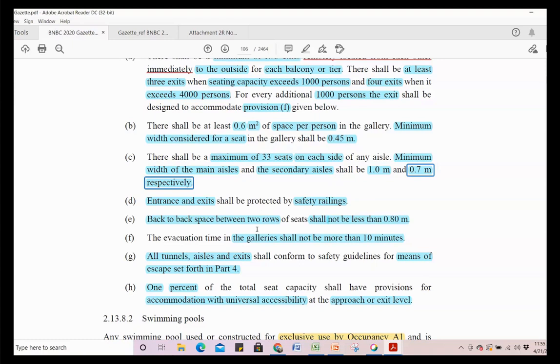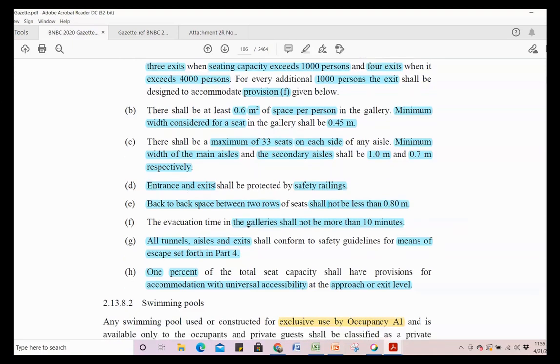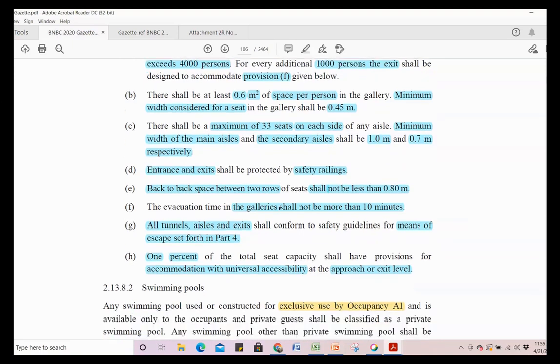Good practice will be to facilitate for the best. So entrance and exit facilities shall be protected with safety railings. You know, this is a situation where a crowd occurs and stampede may occur, so there must be safety railings to protect the users.